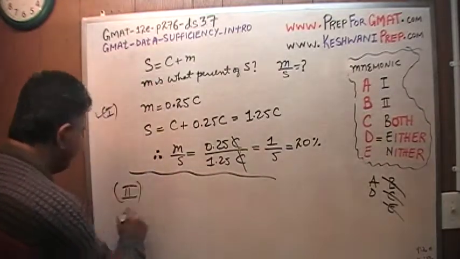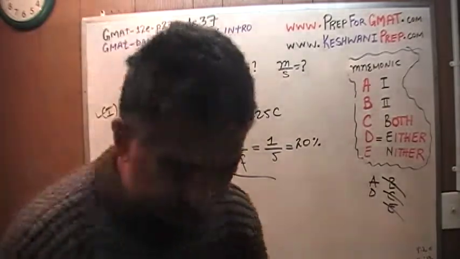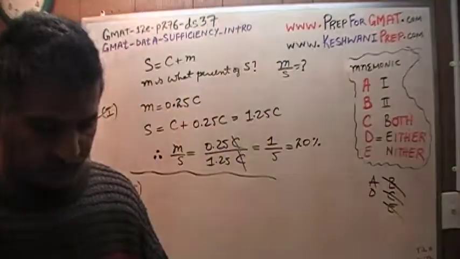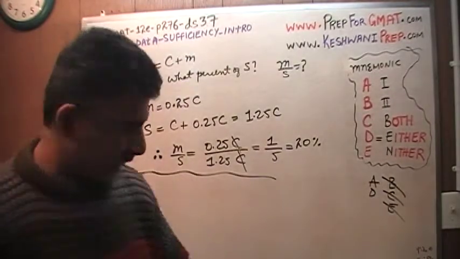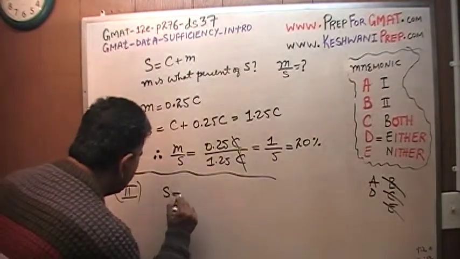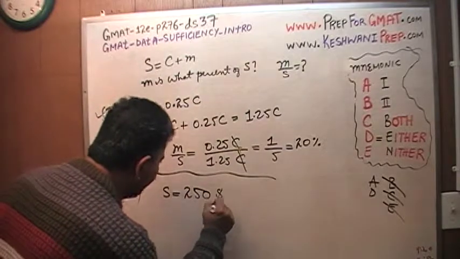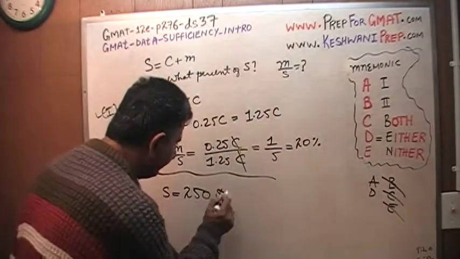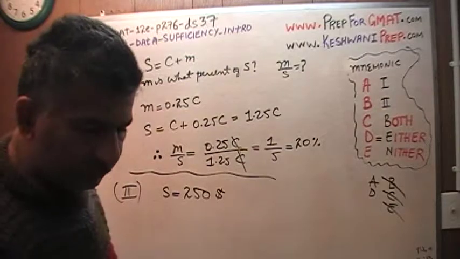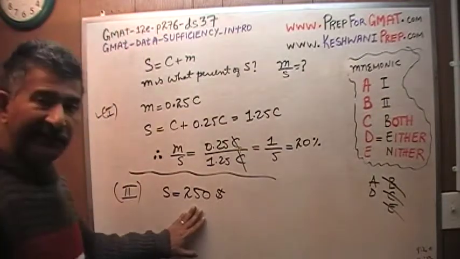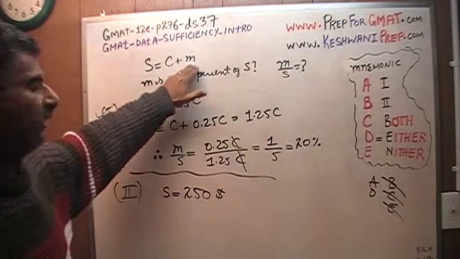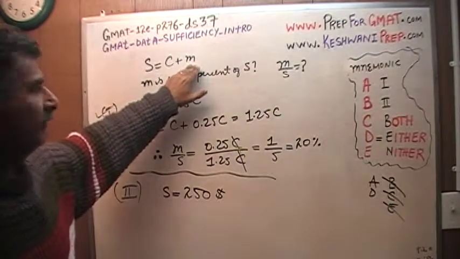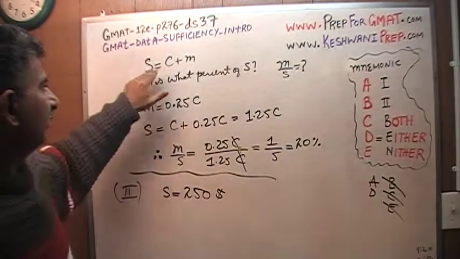So statement 1 by itself is enough. The answer has to be either A or D. Let's see if statement 2 also does the job by itself. In statement 2, they go on to tell us that the selling price of the television is $250. Knowing that the selling price is $250 and knowing that the selling price equals cost plus some markup is not going to help us figure out what the markup is as a percentage of the selling price.